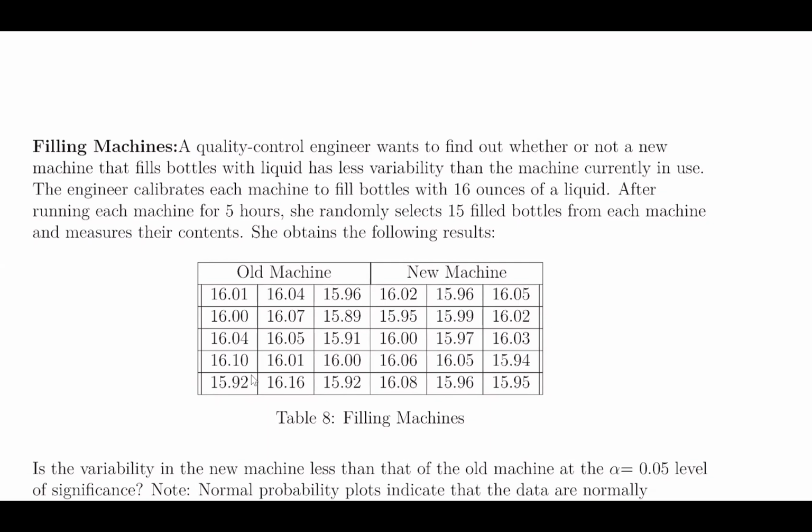So for this one, we have two machines, the old machine and the new machine. We want to prove whether there's a significant difference between them, but in order to test their difference, we want to test their variability. Whenever they say variability, that means standard deviation.